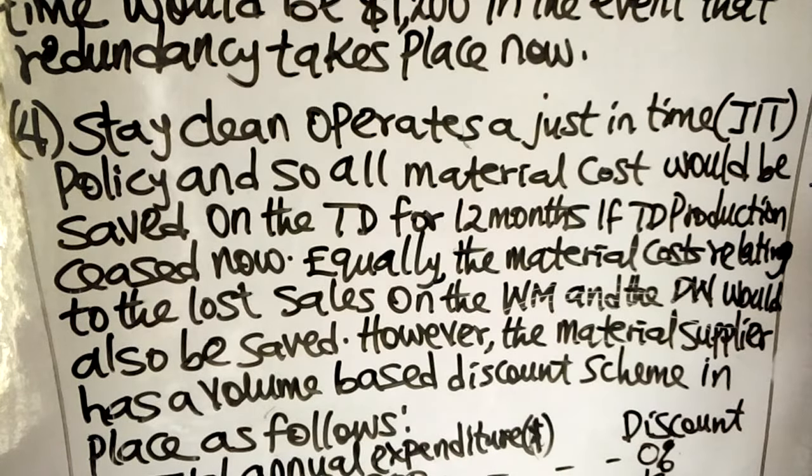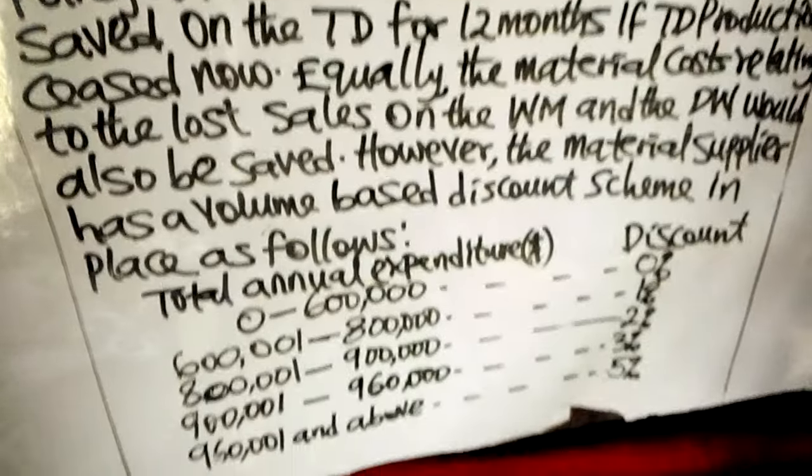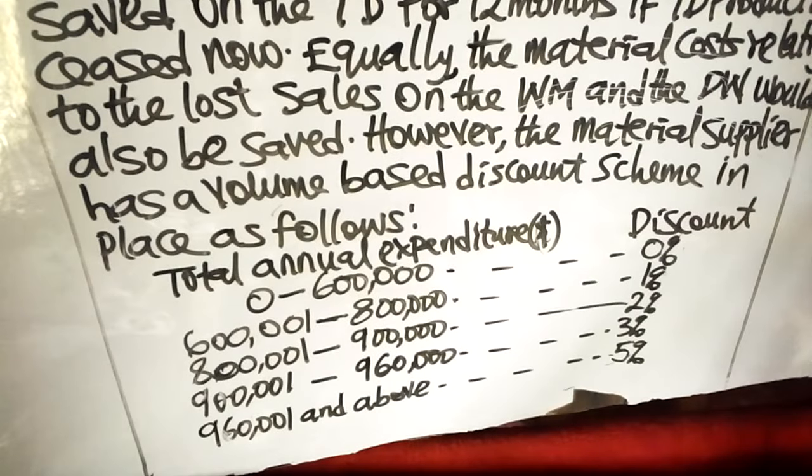Equally, the material costs relating to the lost sales on the WM and the DW would also be saved. However, the material supplier has a volume-based discount scheme in place as follows. You are given total annual expenditure in dollars, and then you are given the discount.